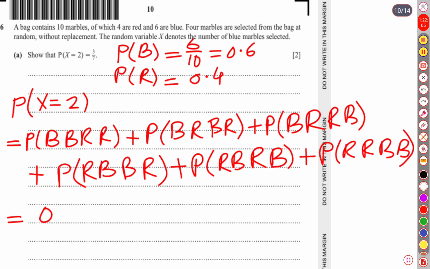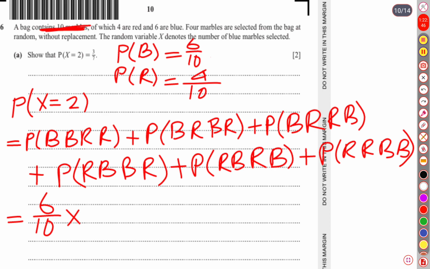It has been written that without replacement, so for without replacement we cannot use this randomly. If the first one is blue, the probability is 6 over 10. Then the second one is again blue, as there is without replacement. Remember, without replacement.